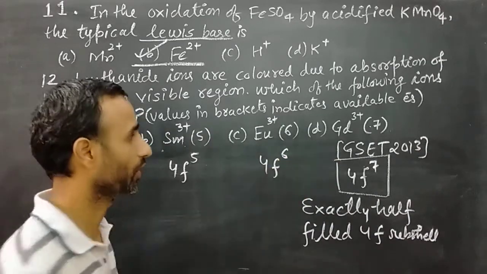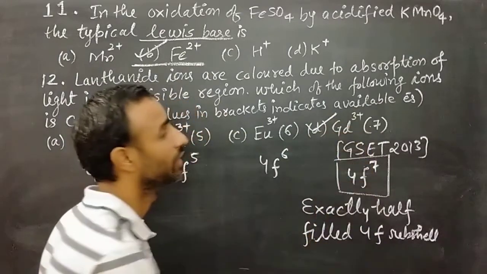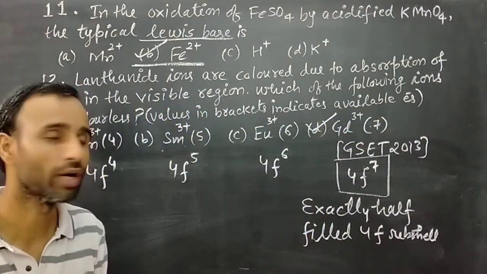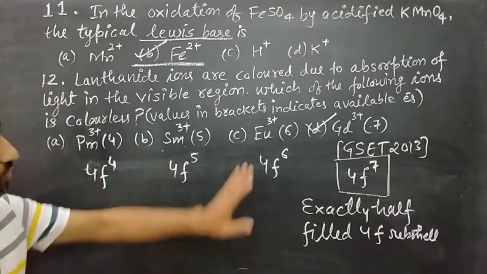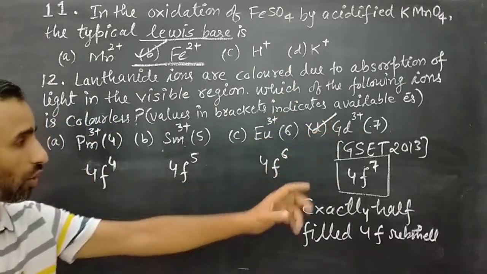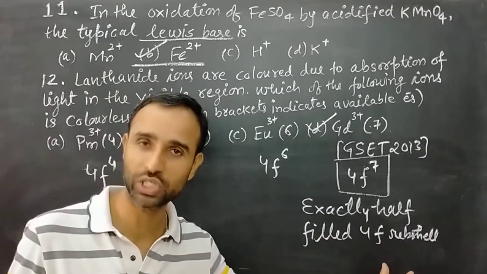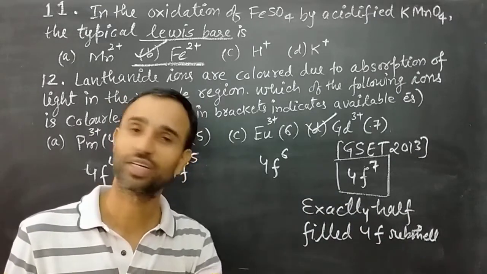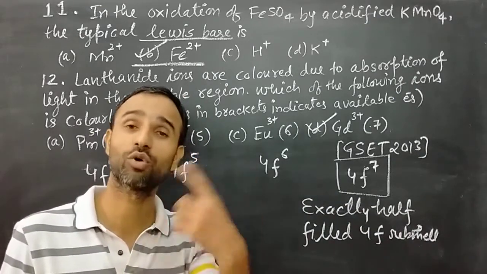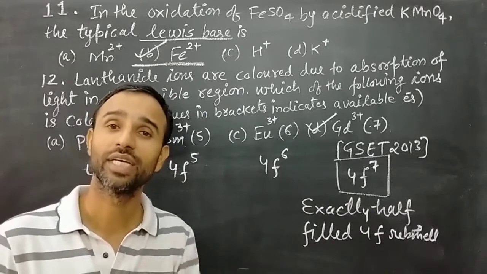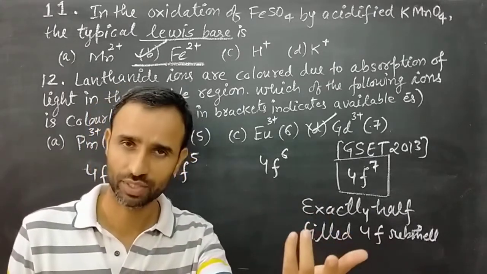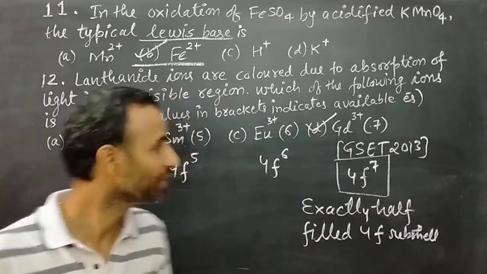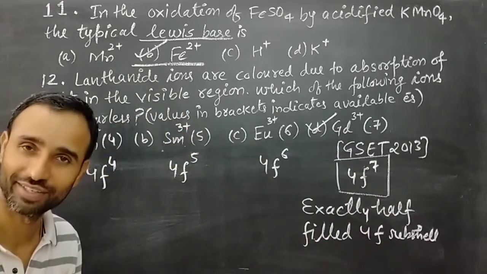Okay, so that means this ion, or a compound containing this ion, is colorless. So gadolinium 3+, because of the exactly half-filled configuration, is colorless, because the electron is not excited in the visible region, maybe in the UV region it can be excited. Okay, so the right option is D.